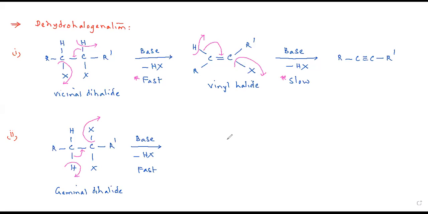Now, H, C, R, a double bond, then R dash. This is vinyl halide.